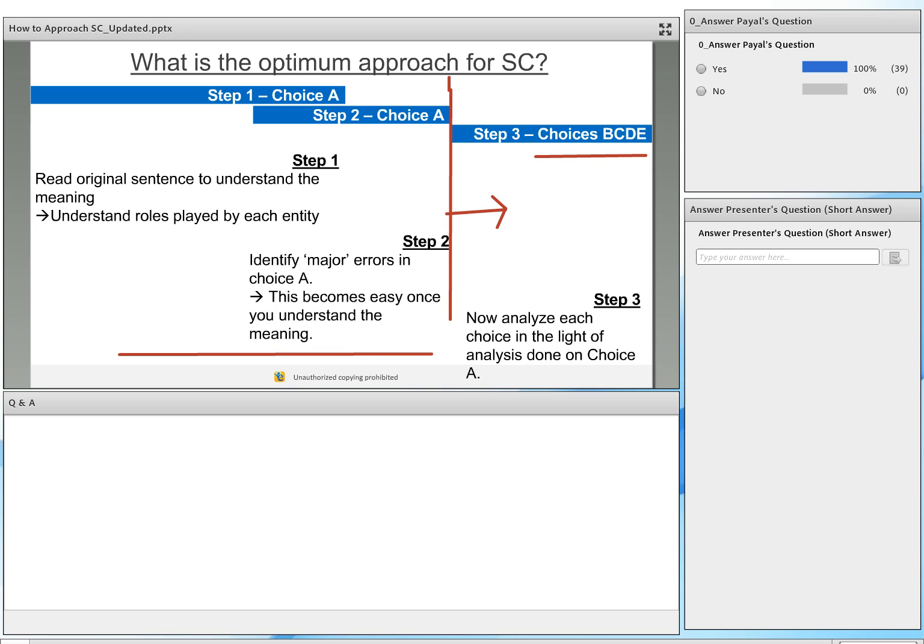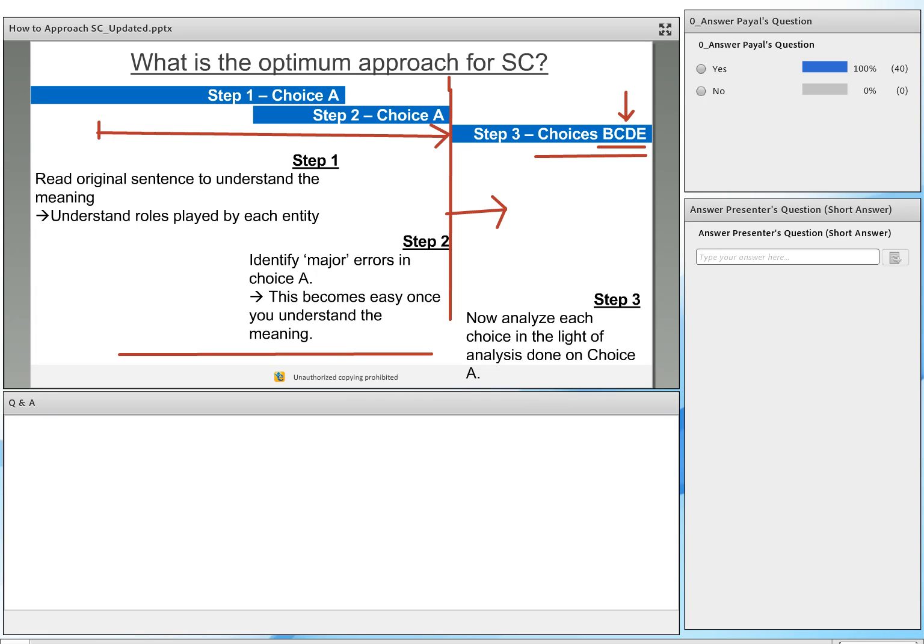Because if you don't do that, then you are simply struggling to find clues from these choices, 3 or 4 of which will definitely be wrong. Okay. You do all the analysis on choice A so that you have a very strong basis for how you should be evaluating these choices.